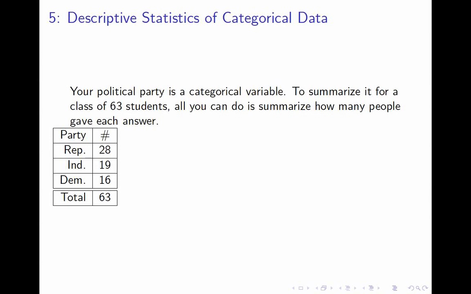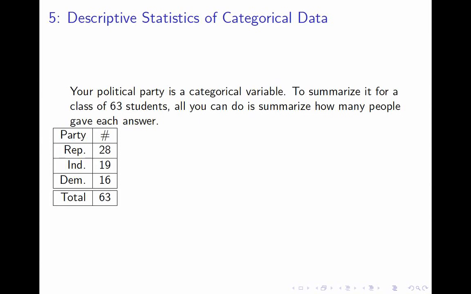And here you can see I have a sample of 63 students. In fact, this is a sample I surveyed Math 217 a couple of years ago. This is actual data. And I think it makes sense that instead of listing 63 times the words Republican, Independent, or Democrat, a more sensible way to summarize the data is to just say how many of the 63 students answered each of the three questions.